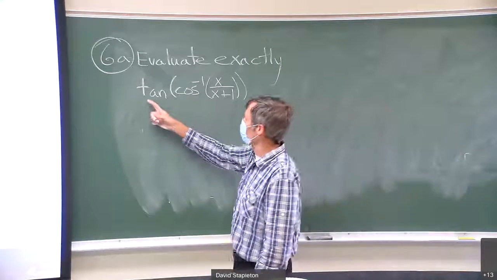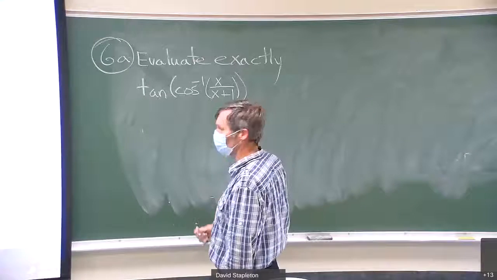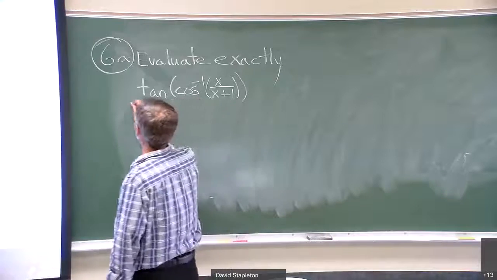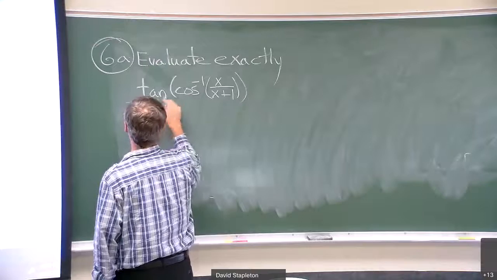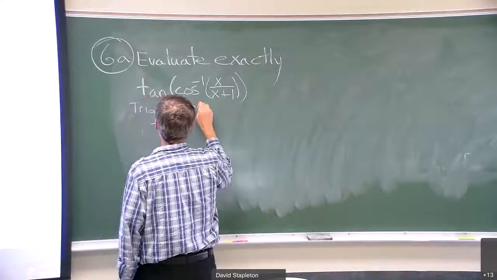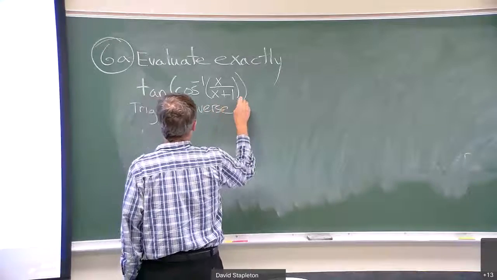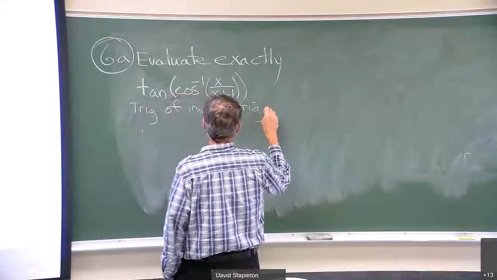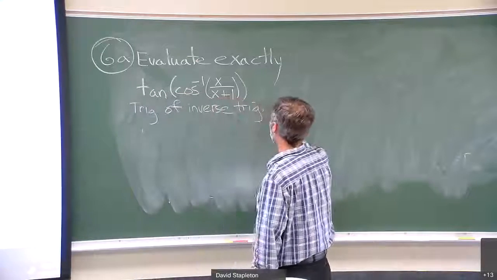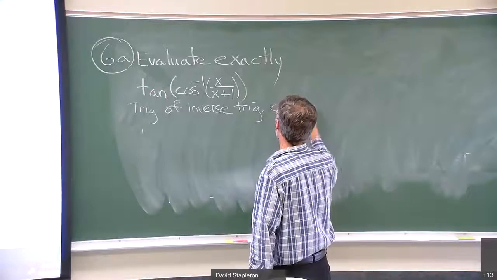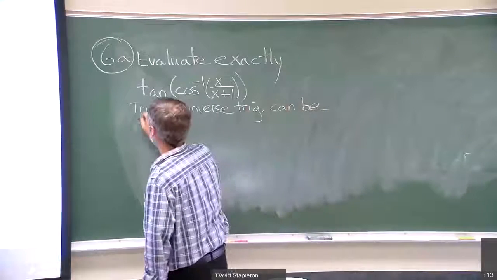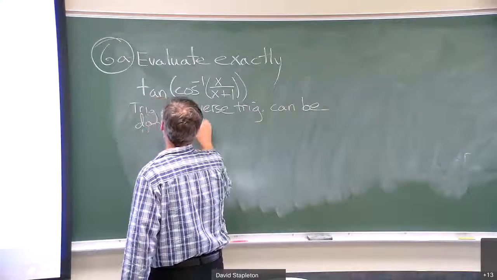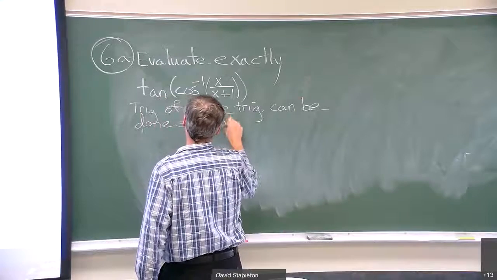In this case, where you have a trig function of an inverse trig function, it turns out these can always be done exactly. So whenever you see a trig function of an inverse trig function, you can do it exactly, by hand, by drawing a right triangle.